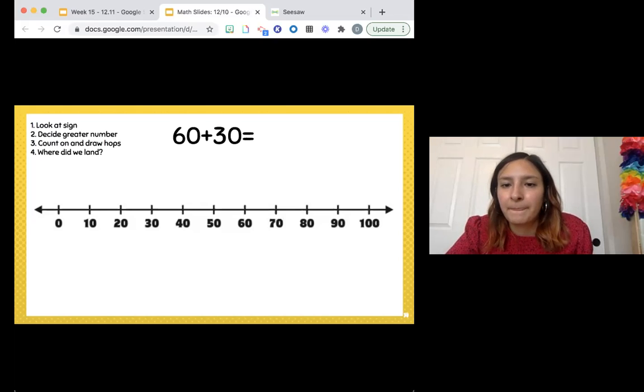I solved the equation and I said that 60 plus 30 equals 90, because I used my fingers, and also 5 and 4, 6 and 3 more makes 90.